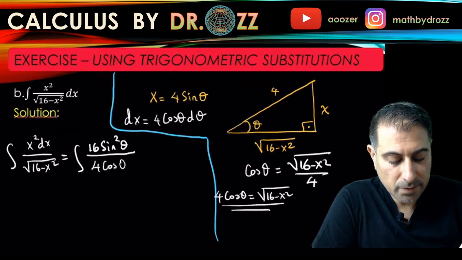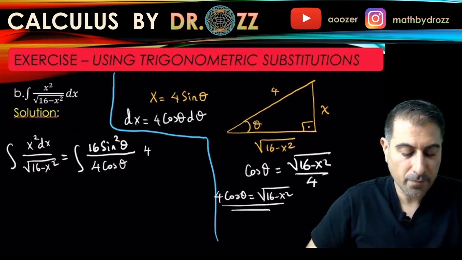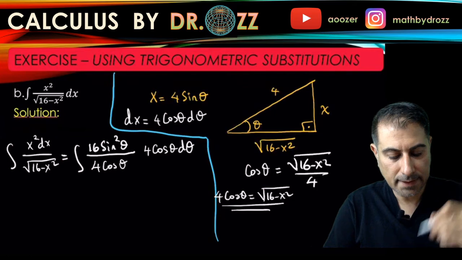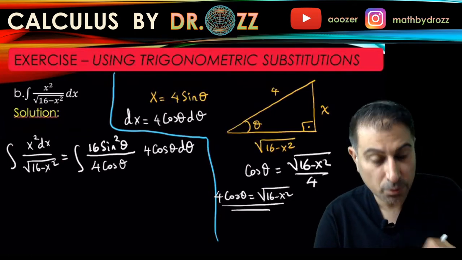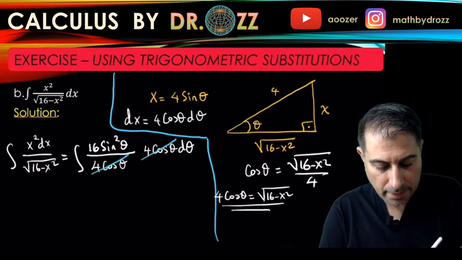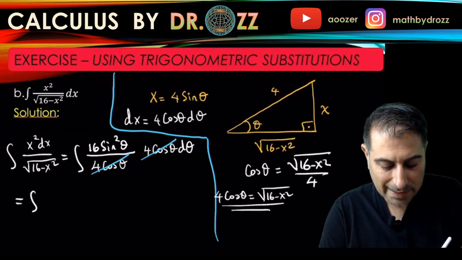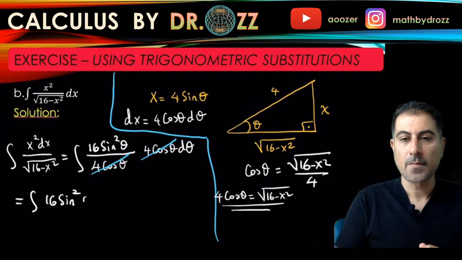And dx as well is 4 cosine theta d theta. All right, let's cancel out 4 cosine theta by this 4 cosine theta. So then I have the integral equal to 16 sine squared theta d theta.